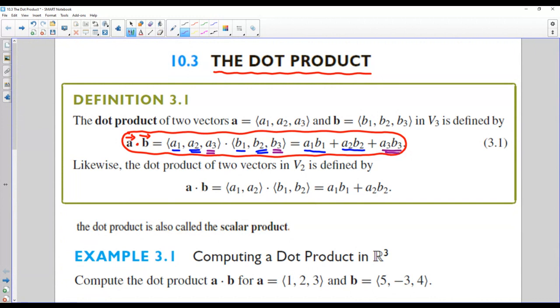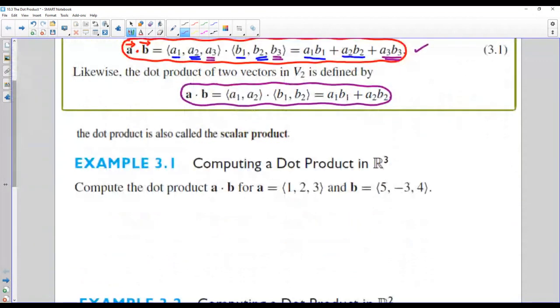So in 3 dimensions, it's this. In 2 dimensions, in the plane, it's just A1 B1 plus A2 B2. Very simple operation, but it is quite important. It will allow us to study vectors in quite an easy way.